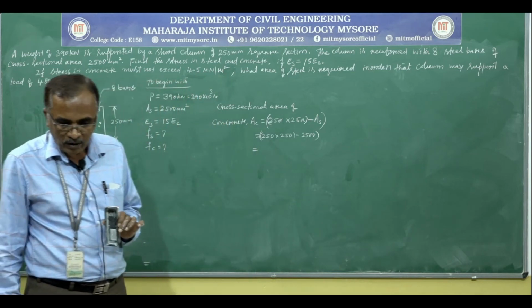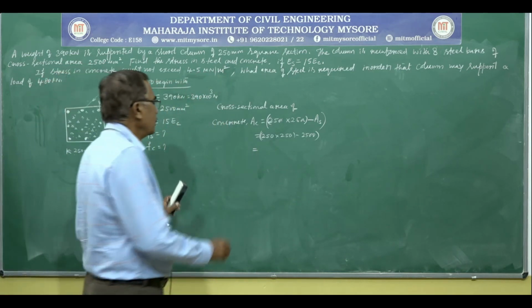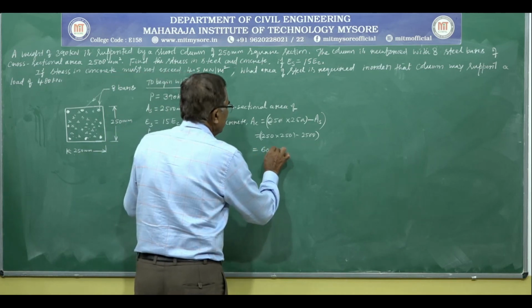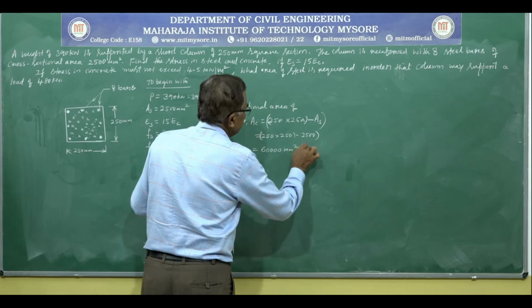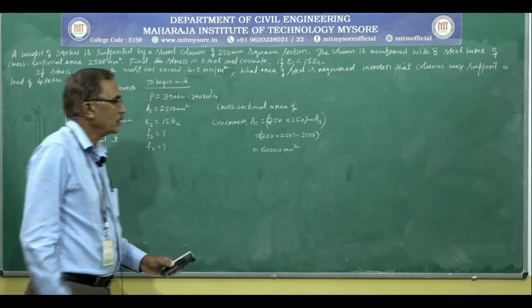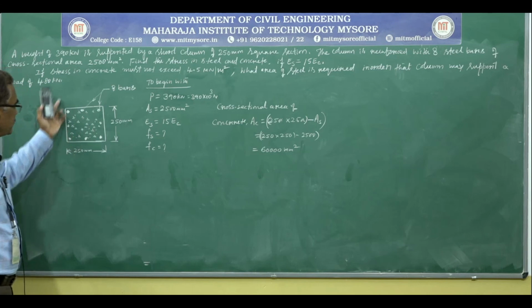So, cross sectional area of concrete is equal to 60,000 millimeter square. So, again it is a compound bar.